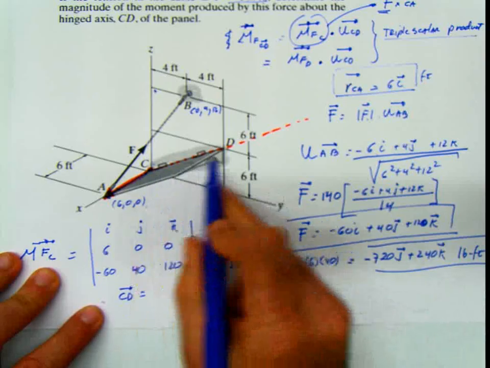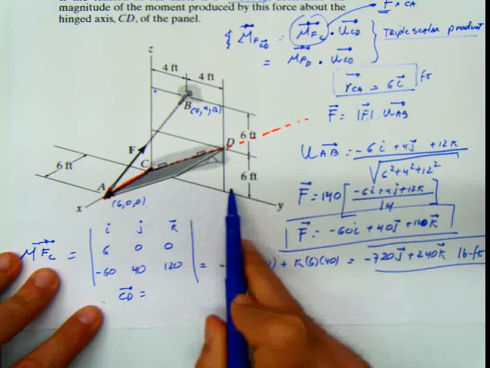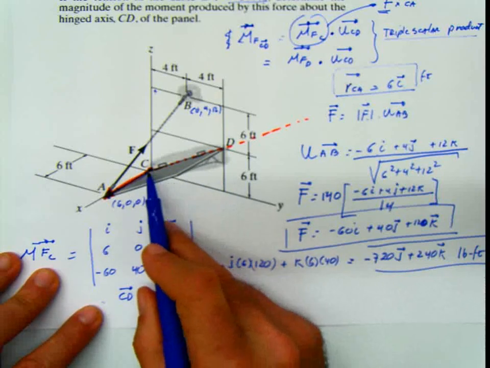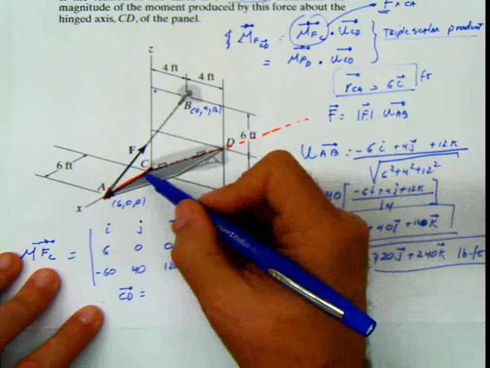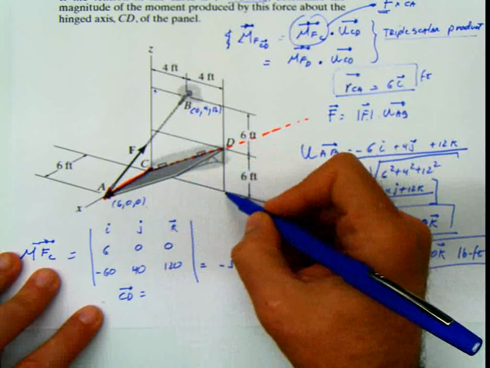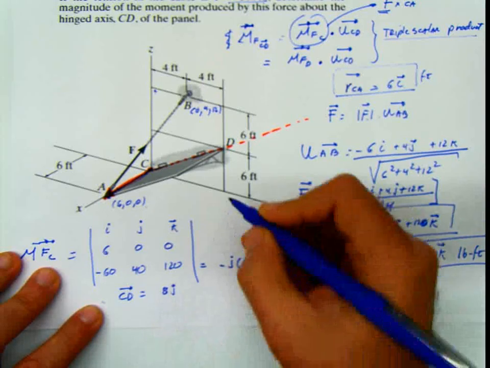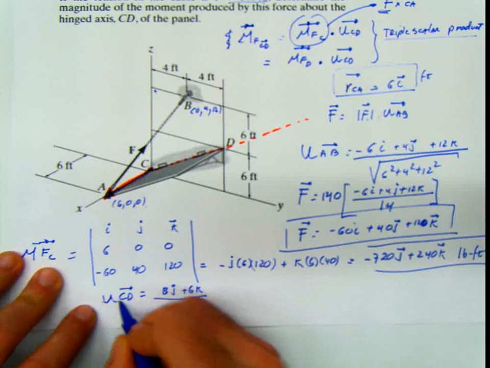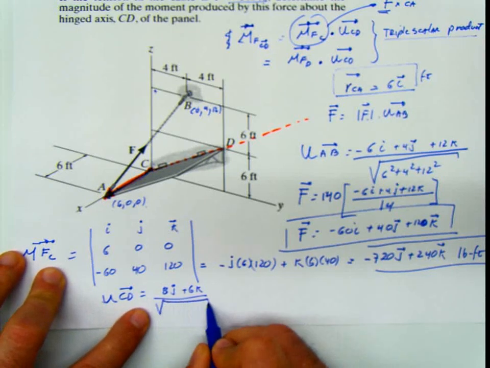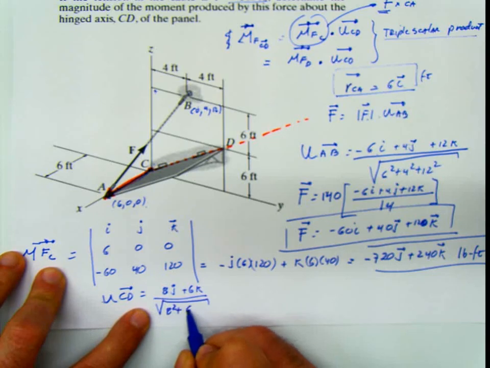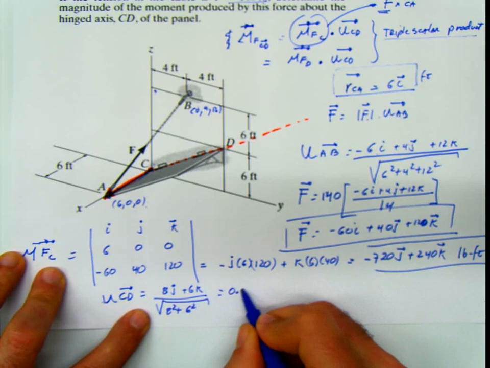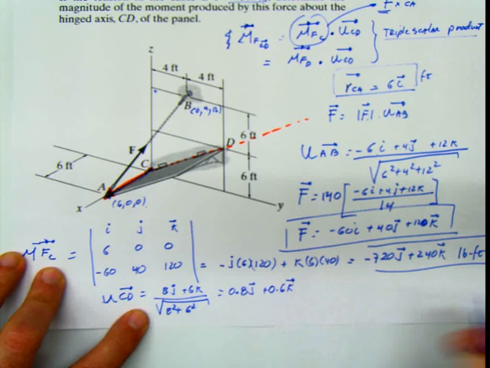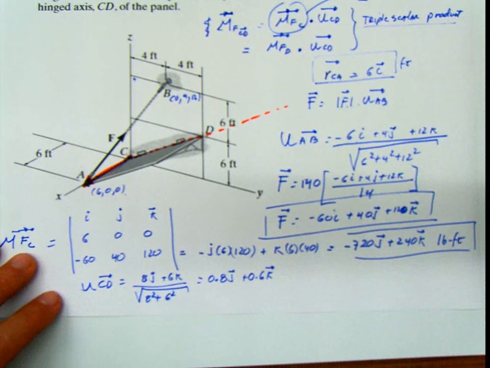The position vector CD is in the direction of J or Y is 8 and 6 in K, divided by, in order to convert to the unit vector, the square root of 8 squared plus 6 squared, which is basically 0.8J plus 0.6K.